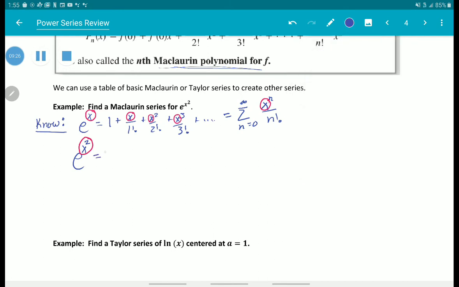So if we do that here, I'm writing the expansion out first. So I'm replacing that x with x squared. So now I have x squared quantity squared over 2 factorial. And then x squared cubed over 3 factorial. So I'm going to simplify this expansion.